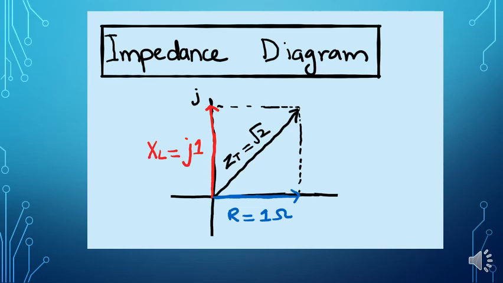Similarly, XL has an angle of positive 90 degrees, right? This is our 90 degrees. So we will draw a line, represented with red color, on the imaginary axis, and this is our Z total, which has an angle of 45 degrees.